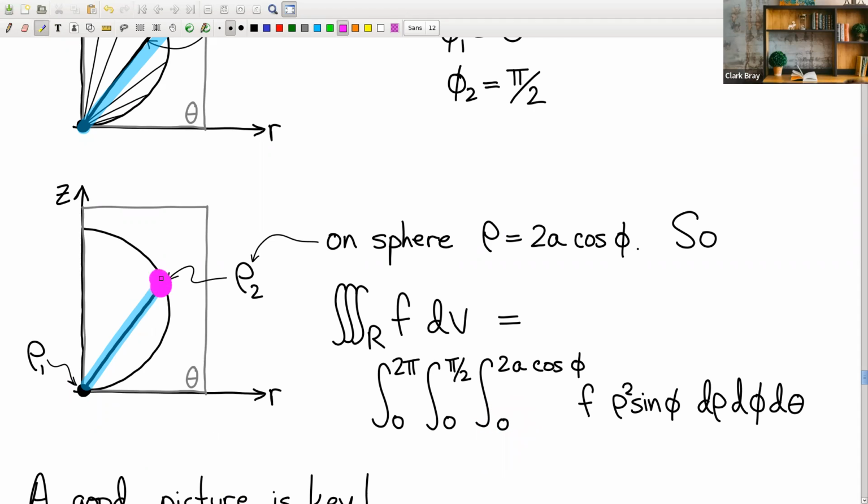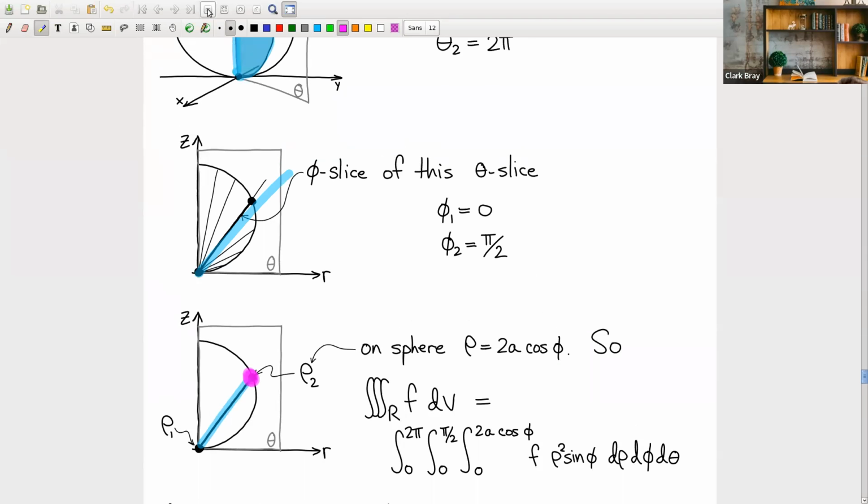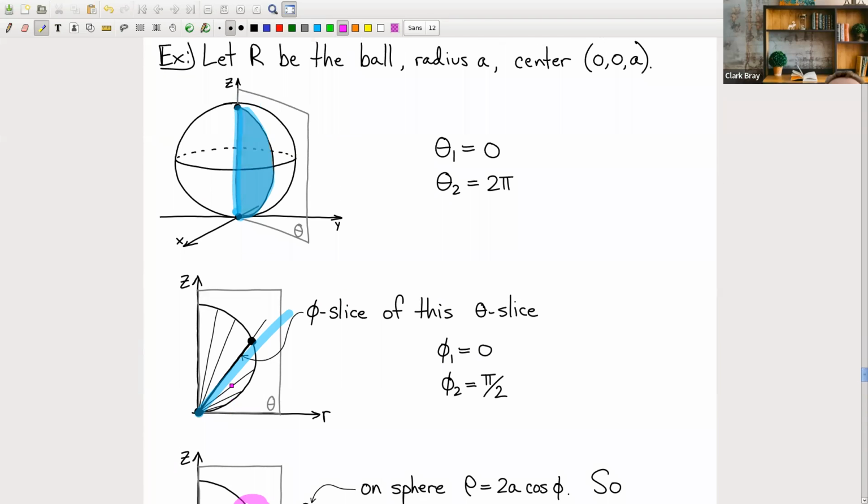This point here, you do have to kind of backtrack and remind yourself where all this came from. That point, where that came from, it's really a point on this theta cross section up here. And from this picture, a little bit more clear to see, that's a point on the sphere.